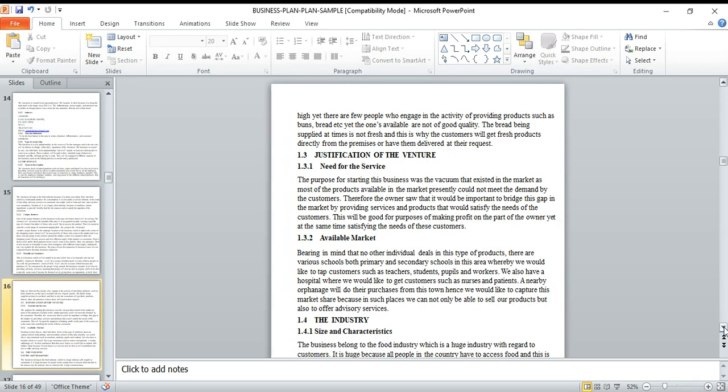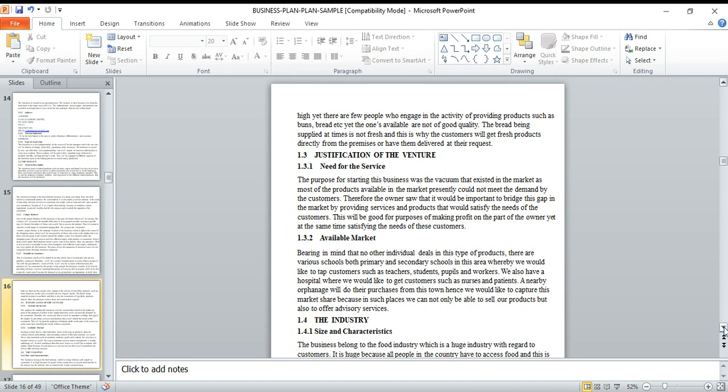Therefore, the owner saw that it would be important to bridge the gap in the market by providing services and products that will satisfy the needs of the customers. This will be good for the purpose of making profit on the part of the owner, yet at the same time satisfying the needs of these customers. So there was a need for starting this business because there was a market that needed the product.